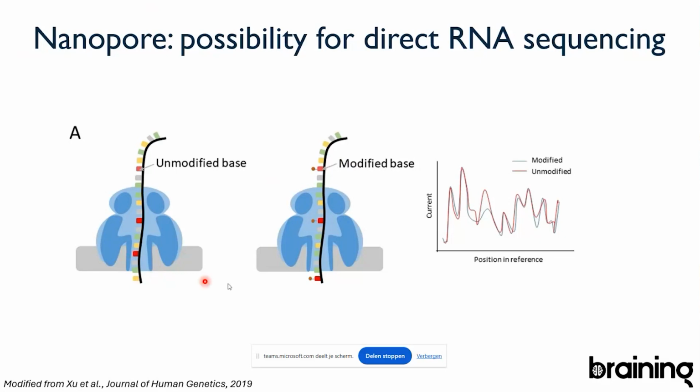And I told you that different bases have different disturbances of the current, right? However, you can imagine that if you have a modified base, this modified base will have a slightly different disturbance of the current compared to an unmodified base.